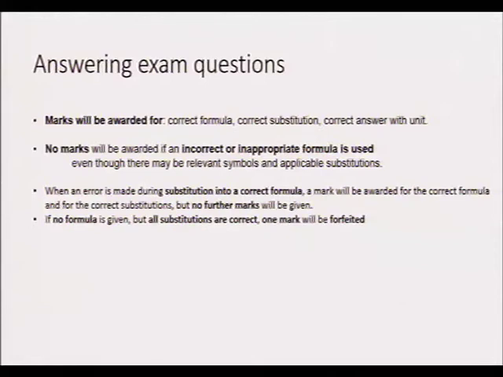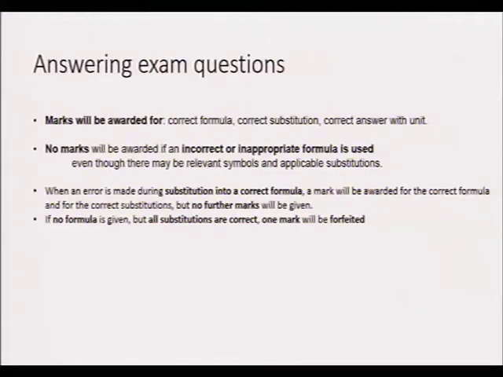No marks will be awarded for incorrect or inappropriate formula used. So if you have used the wrong formula, unfortunately, you will not be awarded any mark for that. Even though maybe you have used relevant symbols and substitutions, you have substituted correctly into the wrong formula, then you will not be able to be awarded any mark.